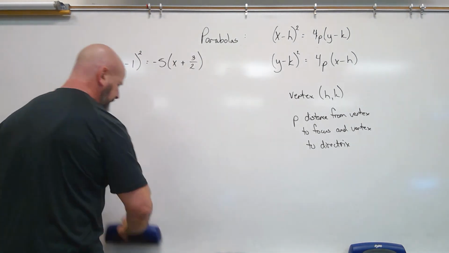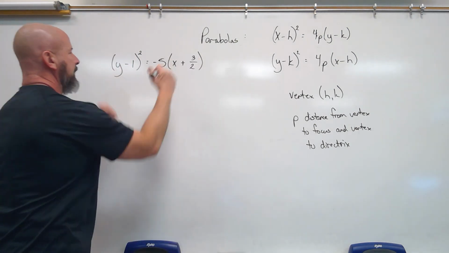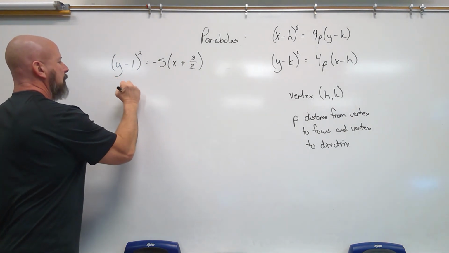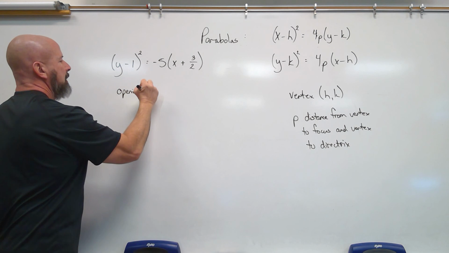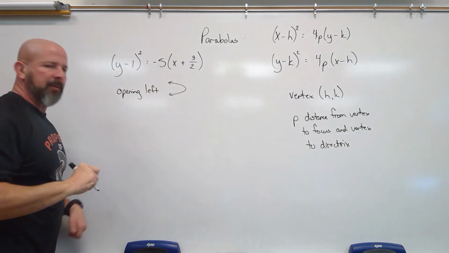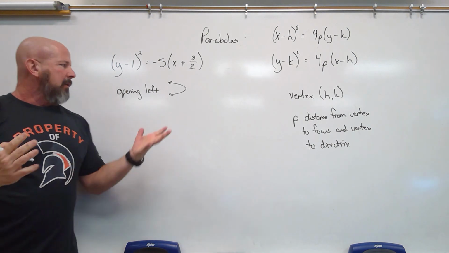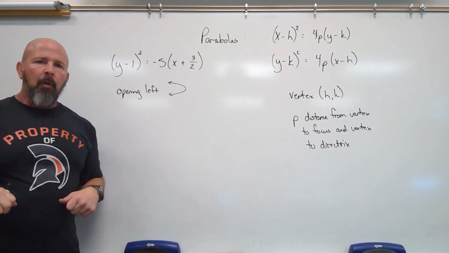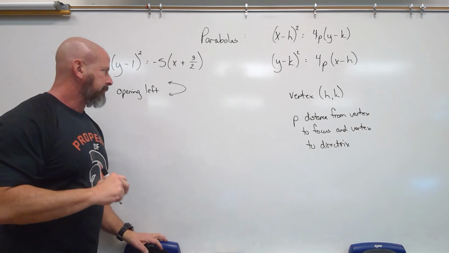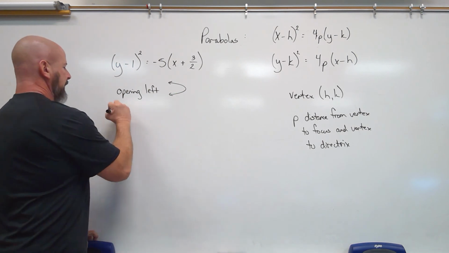So when I see this general equation, I know that this is a parabola opening left. And sometimes it's helpful to have a simple little diagram, reminding me I've got one opening this way, I've got a vertex here, and then coming back to the left.